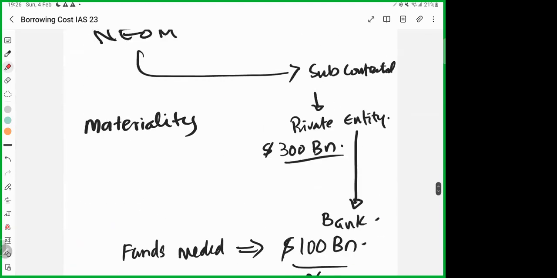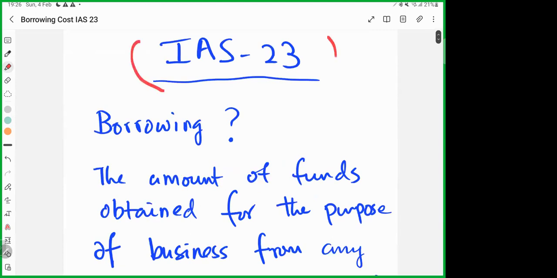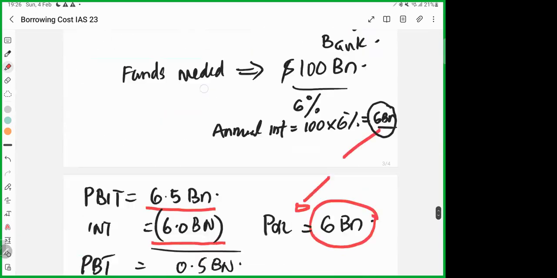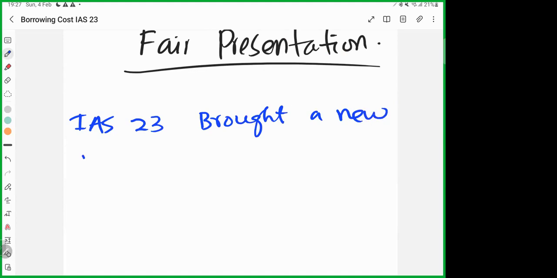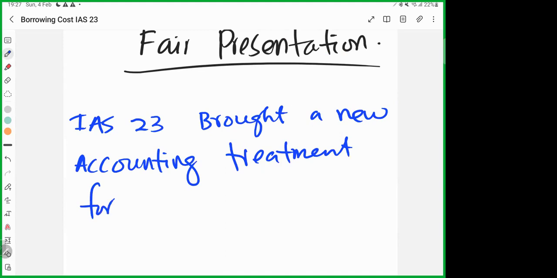And then they came up with something called IAS 23. They brought a new accounting treatment for borrowing cost.